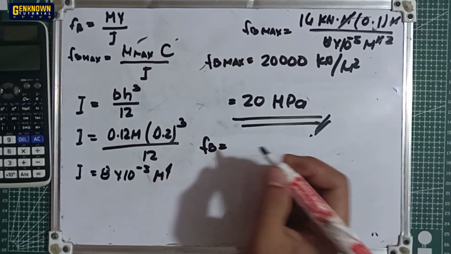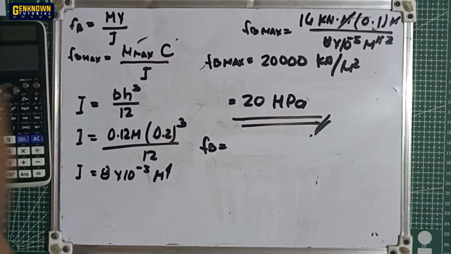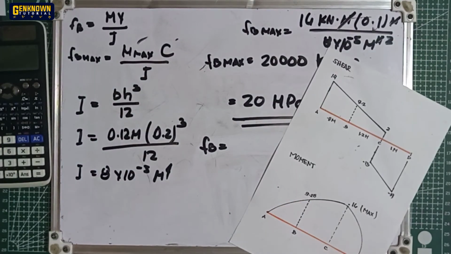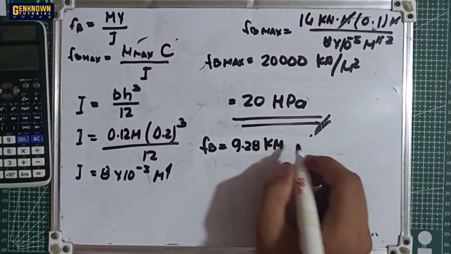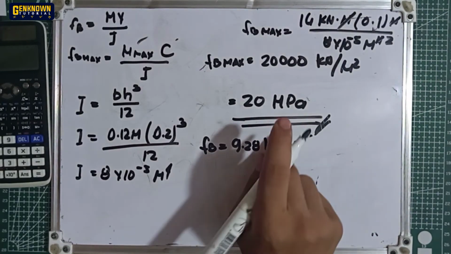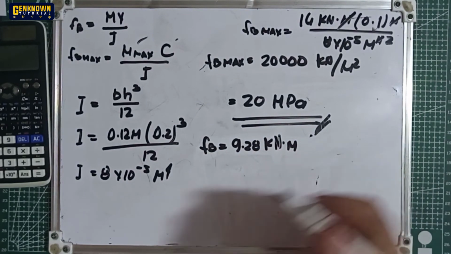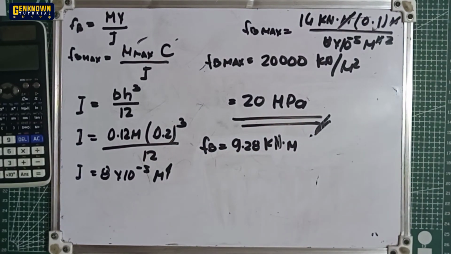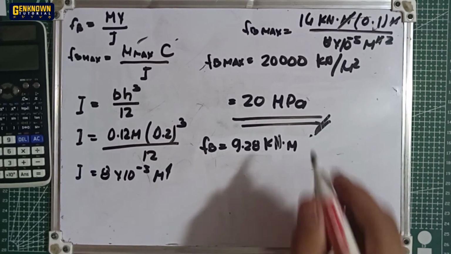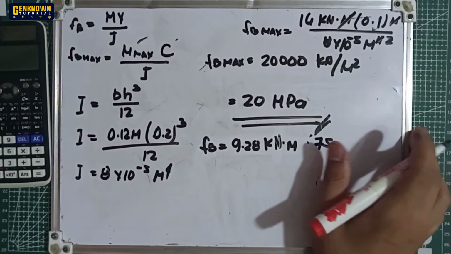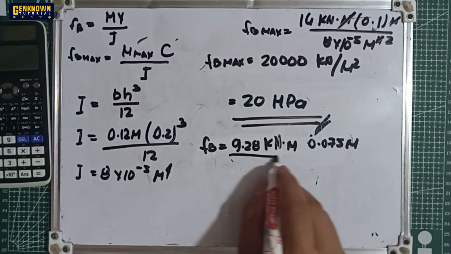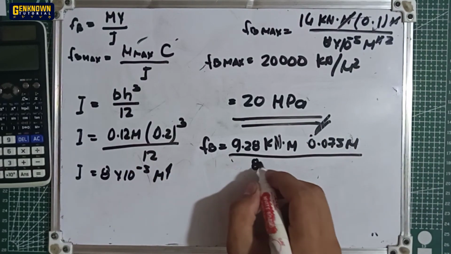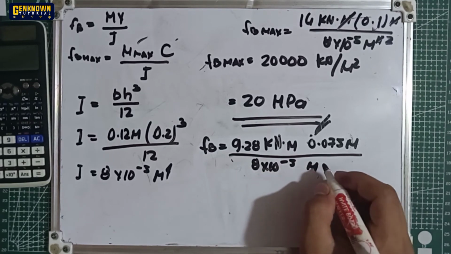So FB is equal to the moment at point B. Remember, yun ay equal to 9.28 kilonewton meter multiplied by the Y. So ang new Y natin dyan is 100 minus 25, since it is 25 mm below from the top of the beam. So multiplied by 75 mm, or equal to 0.075 meter, all over by this moment of inertia, 8 by 10 raised to negative 5 meter to the fourth.